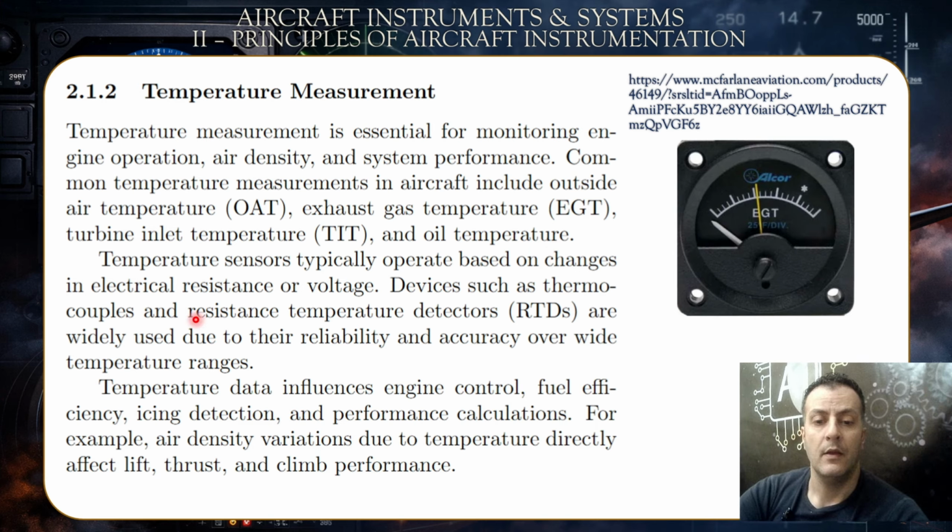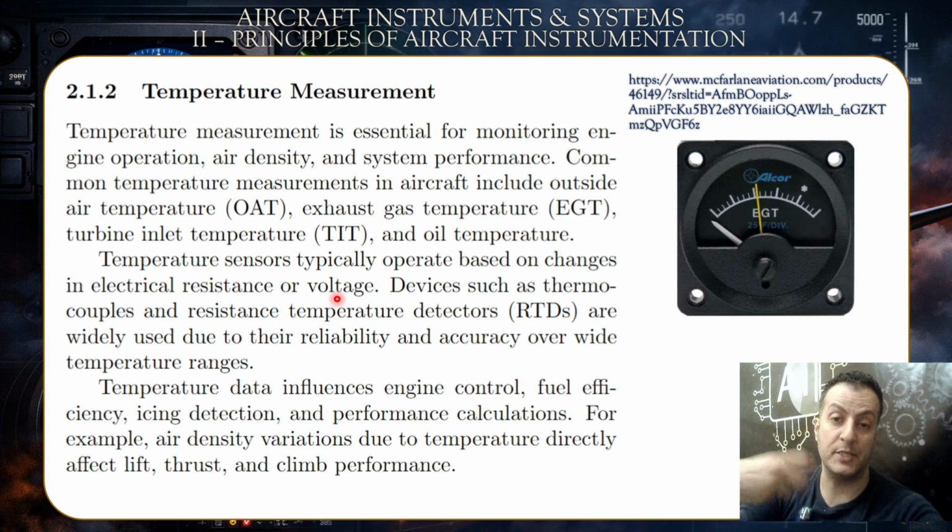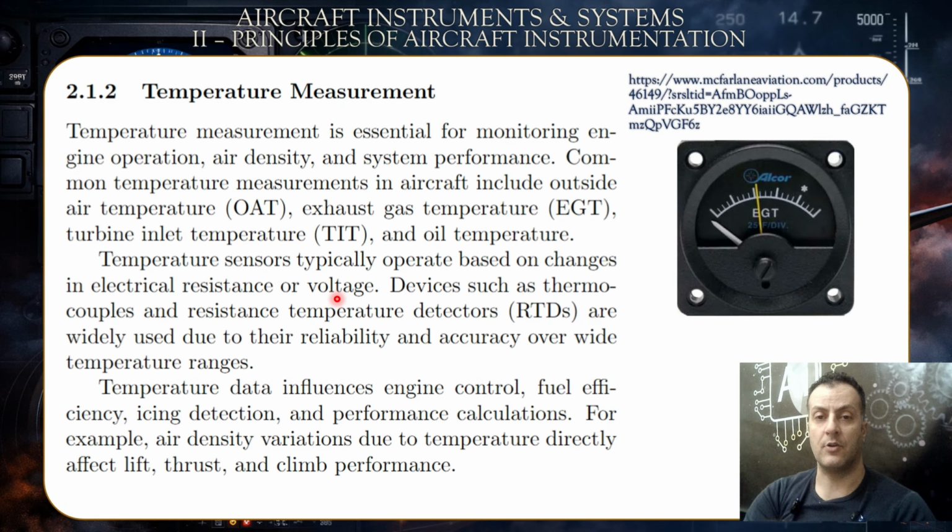Now, temperature sensors typically operate based on changes in electrical resistance or voltage. Exactly. You see, you have what is called the thermistor, okay? Thermistance in French. The thermistor is a resistor that changes in value as the temperature increases or decreases. In other words, consider a thermistance, okay?